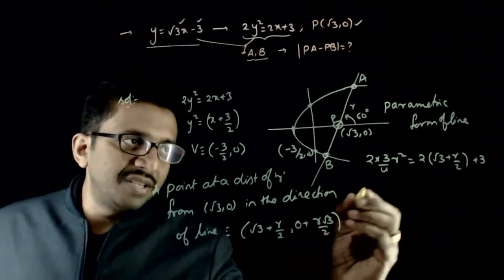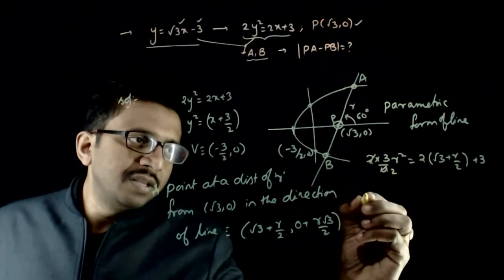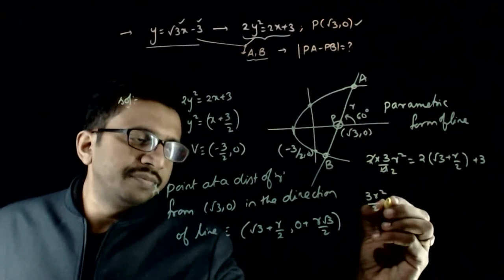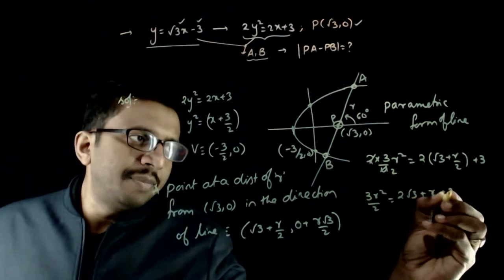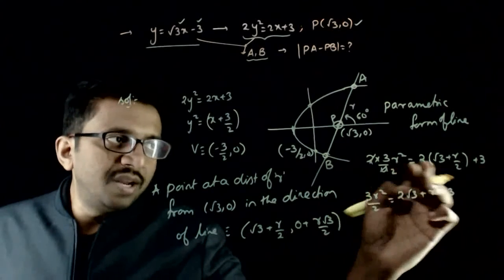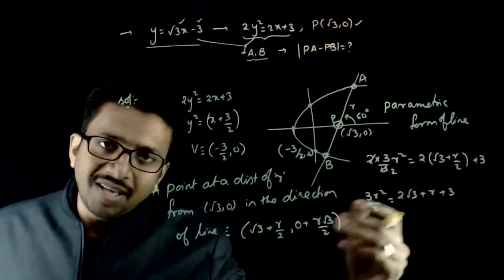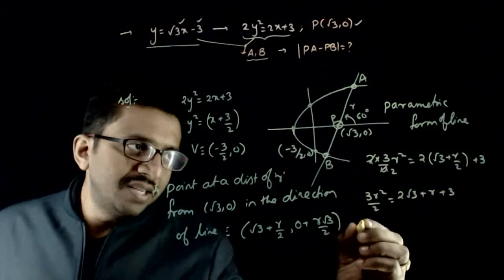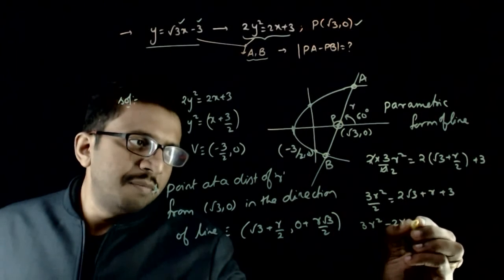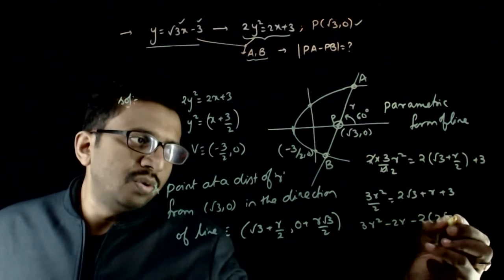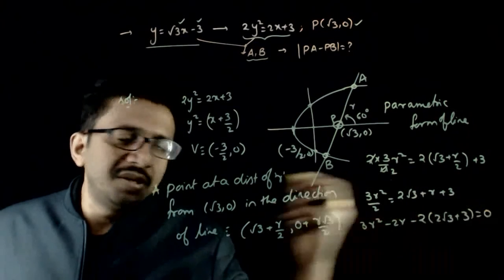So let me simplify this equation. 3r square by 2 is equal to 2 root 3 plus r plus 3. Let me send this 2 onto that side. So 3r square minus 2r minus 2 times (2 root 3 plus 3) is equal to 0.